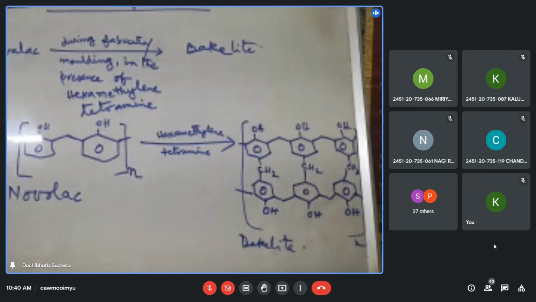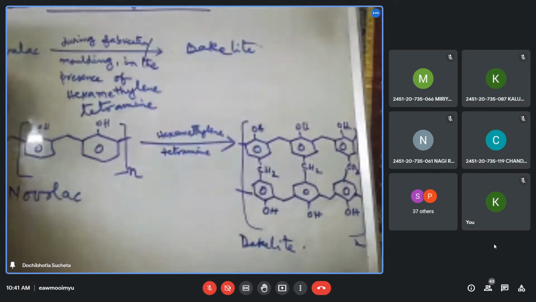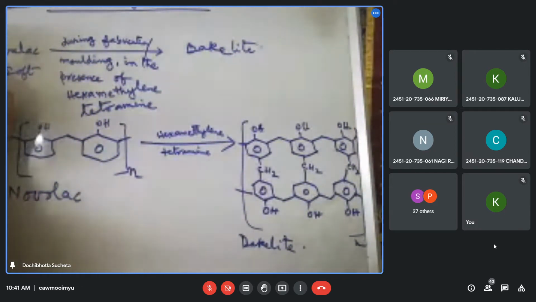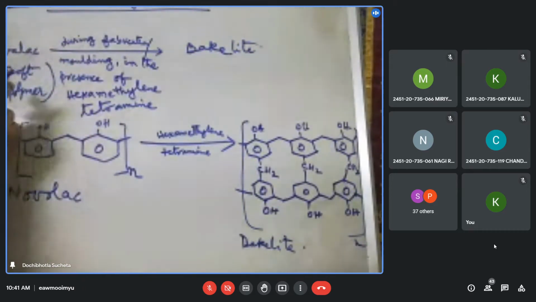Novolac is a linear, soft, flexible polymer.